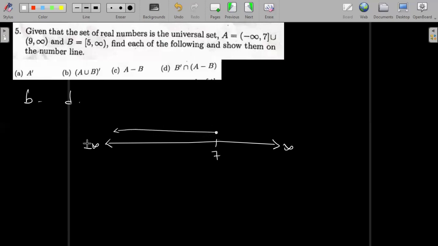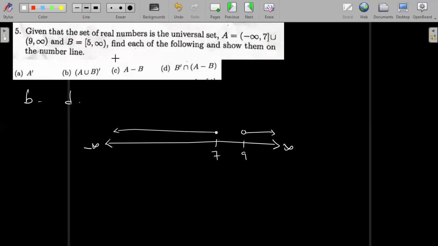This arrow shows us that it continues to negative infinity. Then union 9. If I say my 9 is here, it's open at 9, and that goes up to infinity like that. So this is what we have.